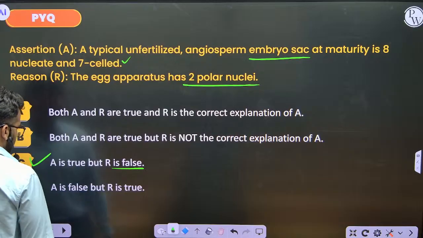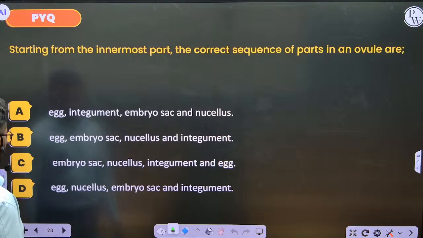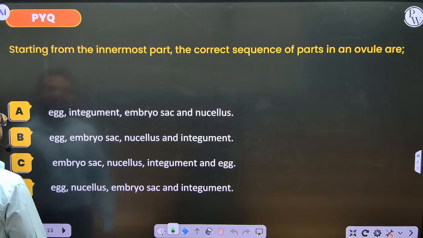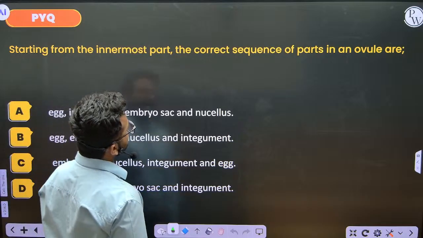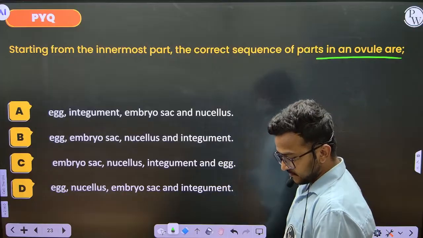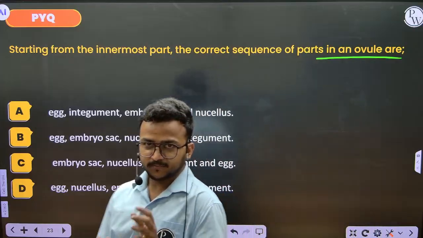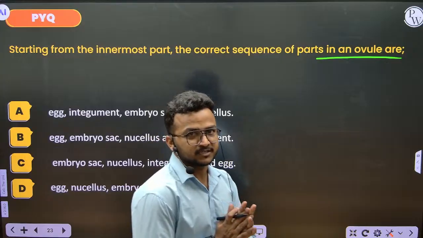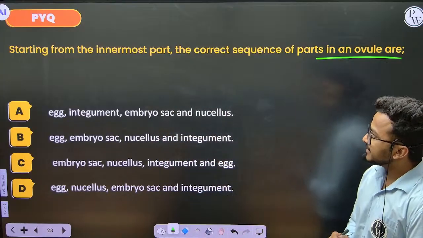So next, starting from the innermost part, the correct sequence of parts in an ovule. This is a somewhat confusing question. You need to analyze here.